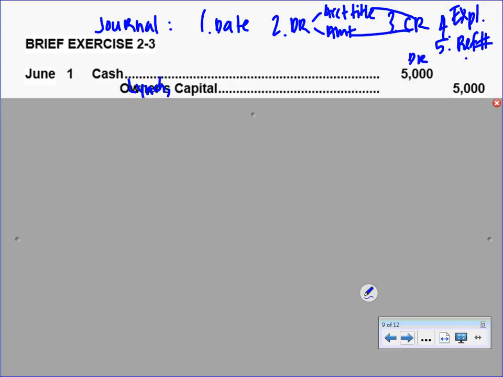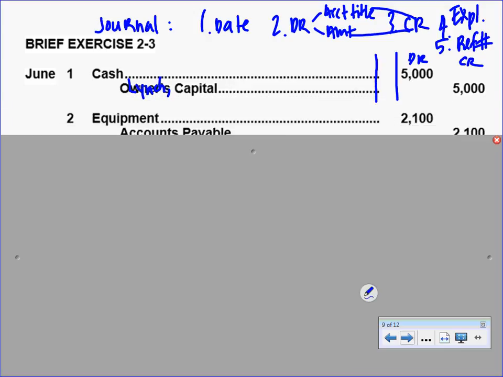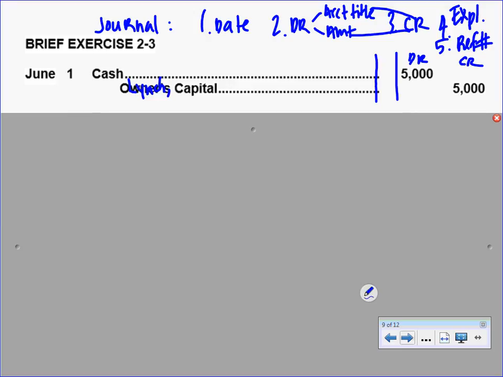Okay, and so now we've dated, step 1. We've listed our debit, step 2, credit, step 3. What's step 4? Explanation. Now, mine doesn't give an explanation, it just goes into the next one. But on line 3, let's write an explanation. Remember, an explanation is simply restating the transaction. What happened in this transaction?